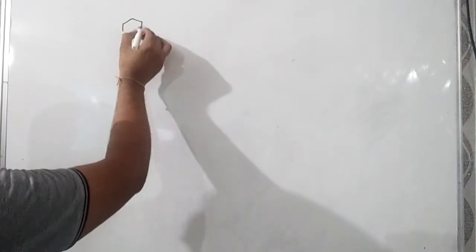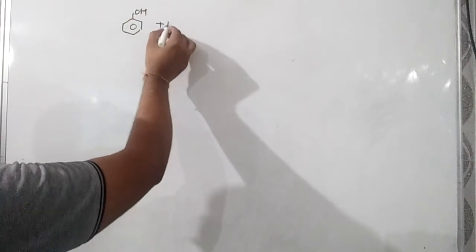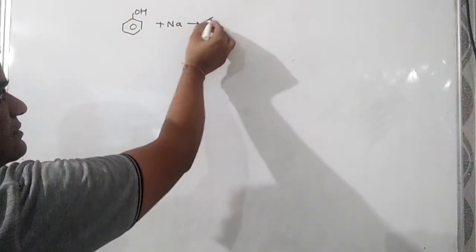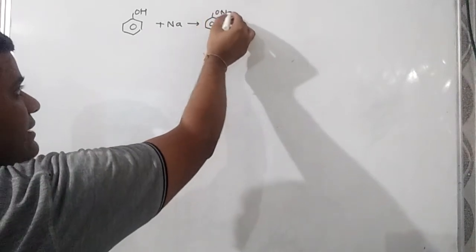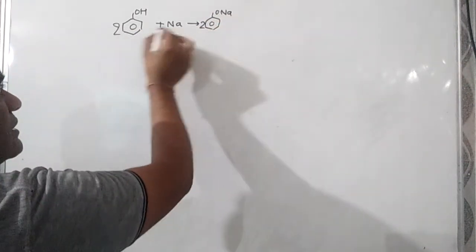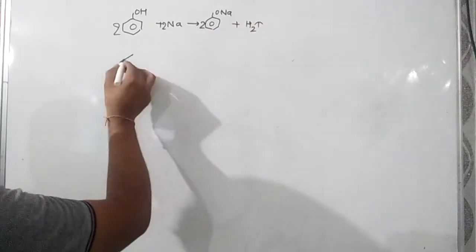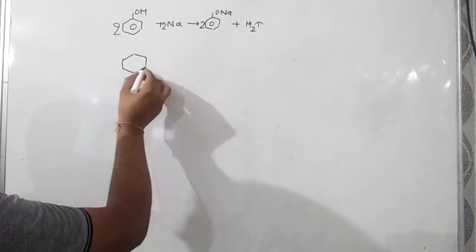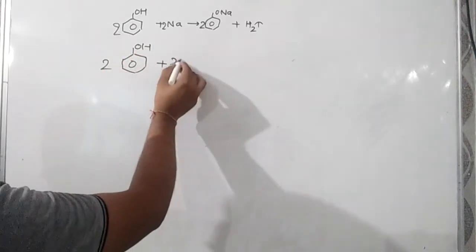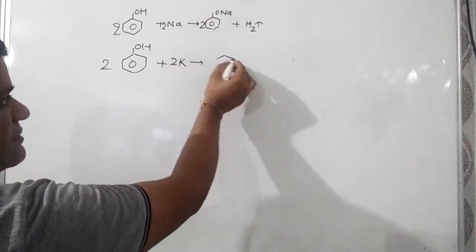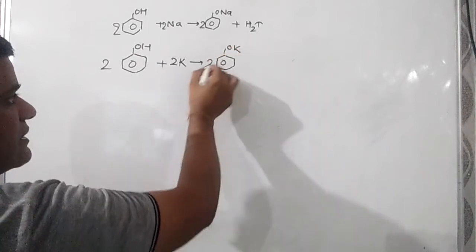Phenol can react with active metals like sodium and potassium to produce hydrogen gas.